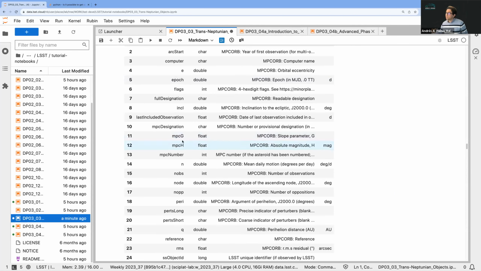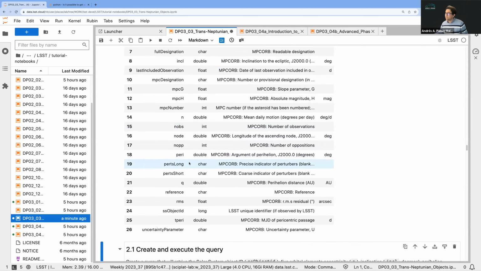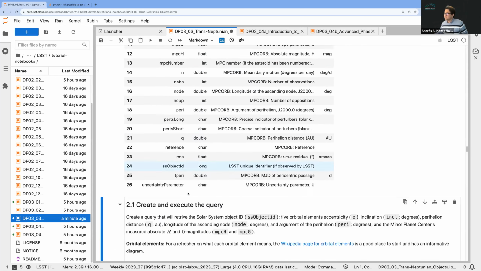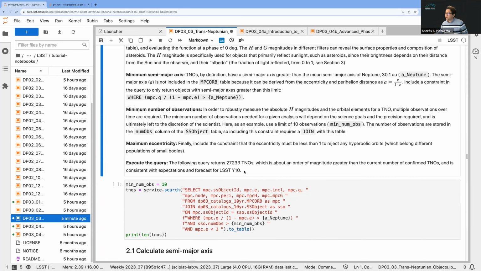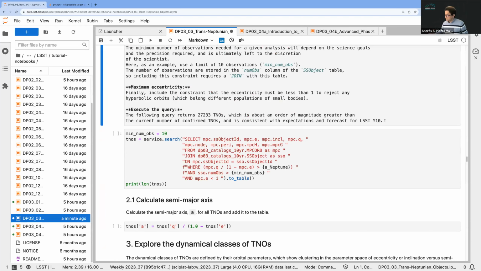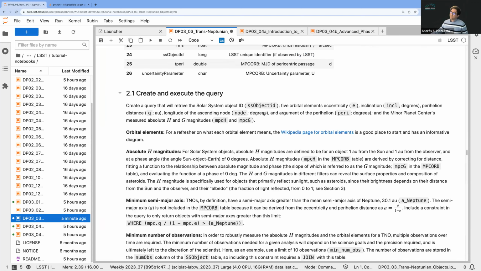I'm retrieving those parameters as well, and I think the number of observations and other orbital parameters that are described here. So this is how you know what the table has. And then we're going to execute our query to retrieve a sample of Trans-Neptunian objects. If you just execute it without any constraints, it might take forever because this table has about 15 million rows.